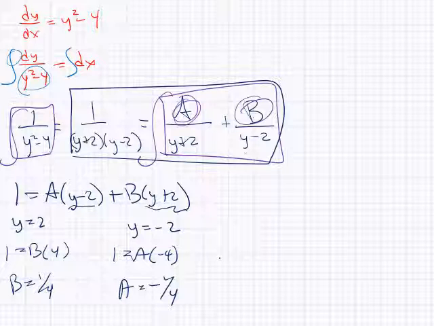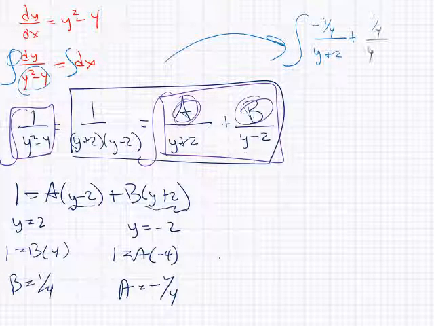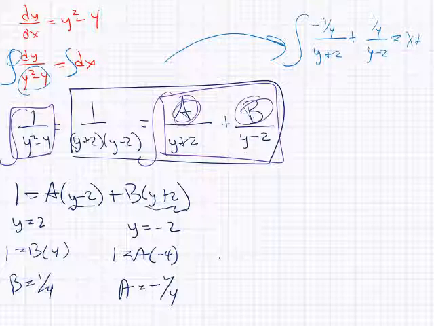So in the end, what we're really doing on the left-hand side is the integral of -1/4 over y plus 2 plus 1/4 over y minus 2 equals the integral of dx, which I'm just going to write as x plus c.